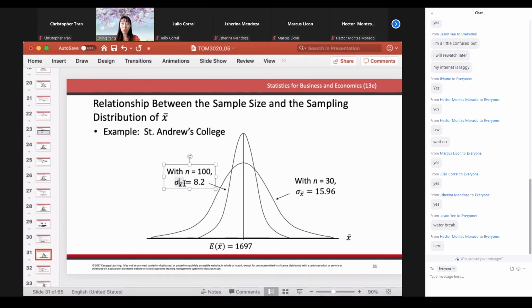We do not want to have a large standard error because that makes the distribution very wide. It covers too many values, and with too many values, it's hard for us to estimate. So the wide and flat distribution is what we don't want to have. The tall and narrow distribution is what we do want to have, and that one helps us do estimation with more confidence.